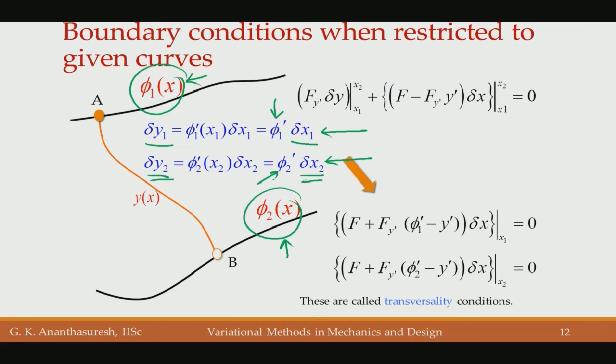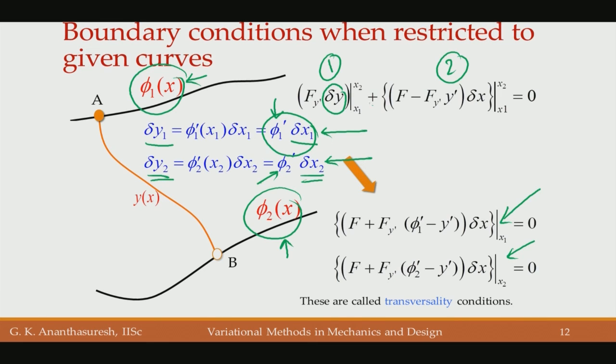You need substitutes. Earlier these boundary conditions were separate, now we can replace delta y in terms of that, and for both ends, then we get separately for x1 and x2.